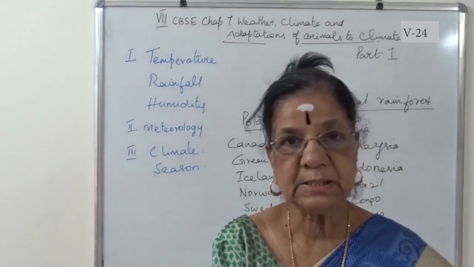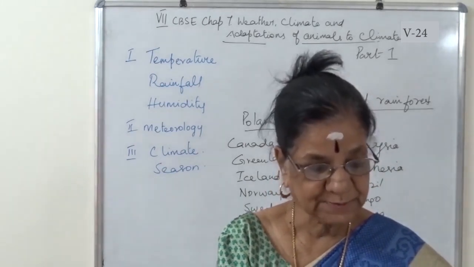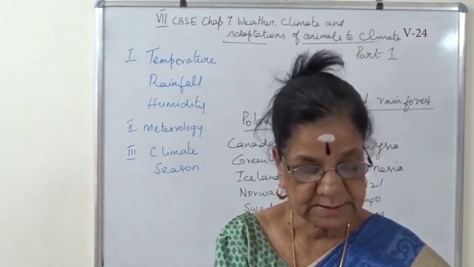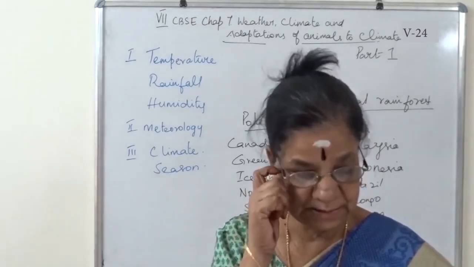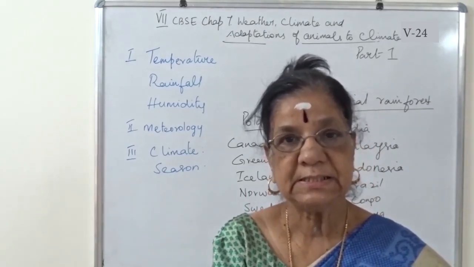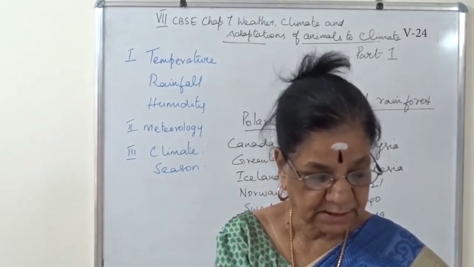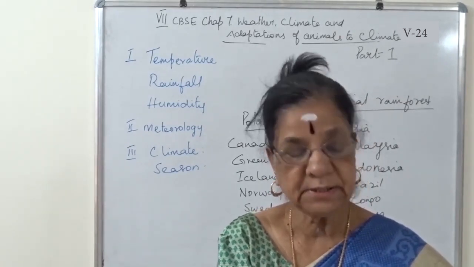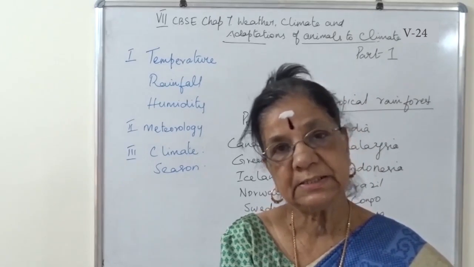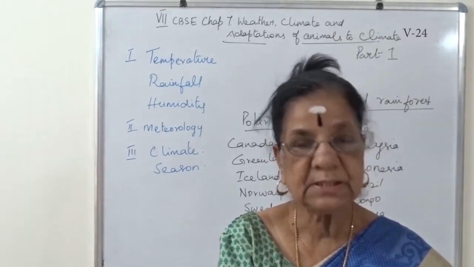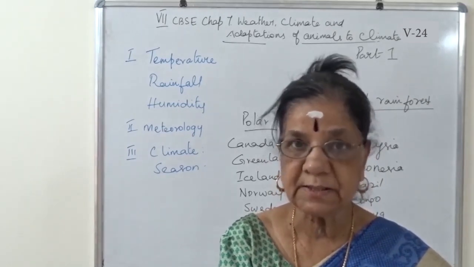The distance and the composition of atmosphere ensure that temperature on Earth's surface is maintained at an average of 15 degrees centigrade. And the sun controls daily changes in temperature. It is hotter in the day than at night because Earth receives energy from the sun during the day.